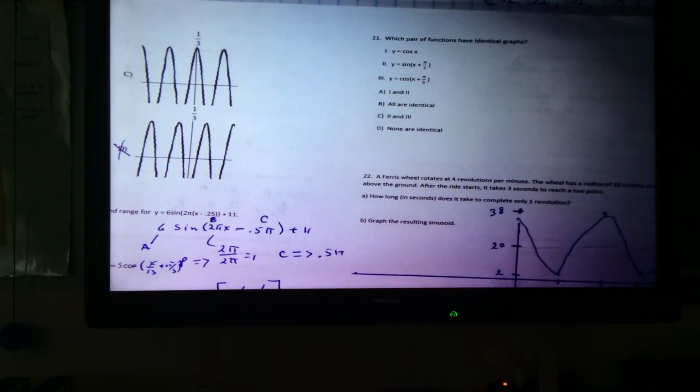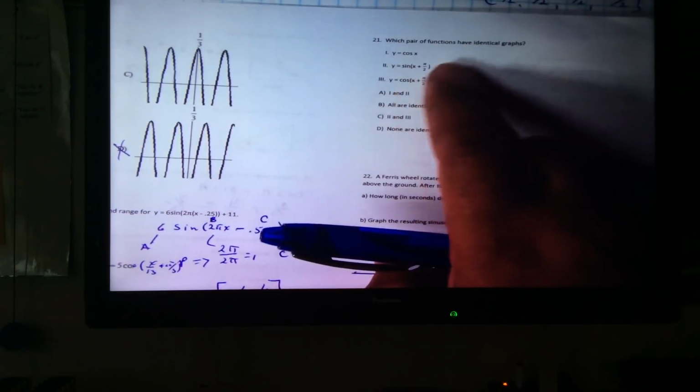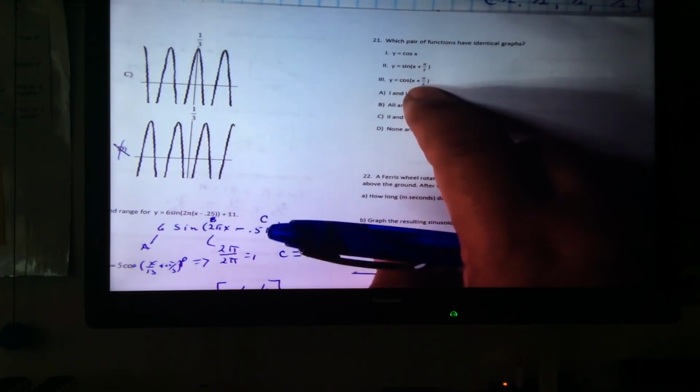One and two? That sounds right. Well, it couldn't be 1 and 3. Those are odd. So the only answer could be 1 and 2 or 2 and 3.